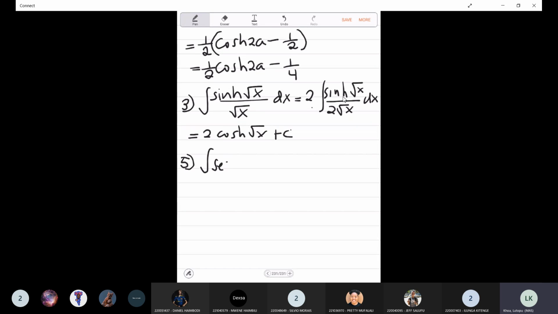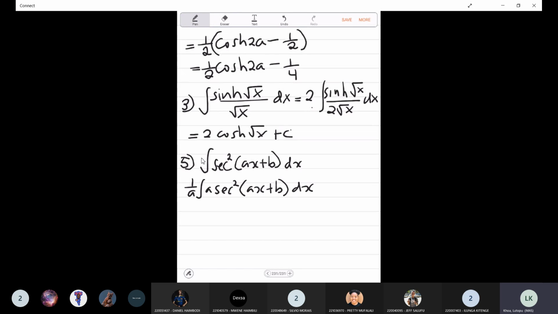5, we have sec squared of ax plus b dx. Here the derivative of the inside is a, so we need an a here and a 1 over a outside. So 1 over a sec squared of ax plus b dx.